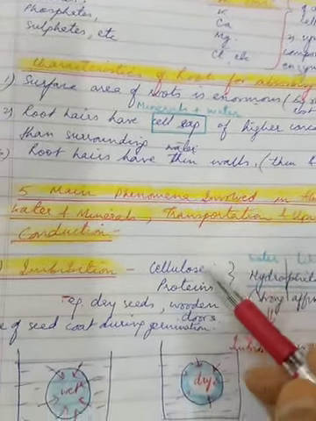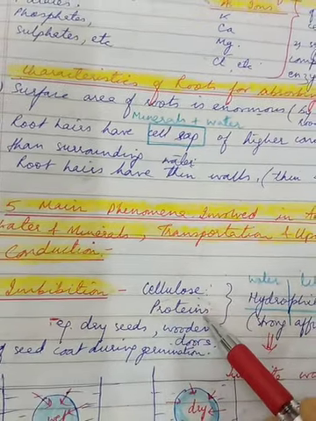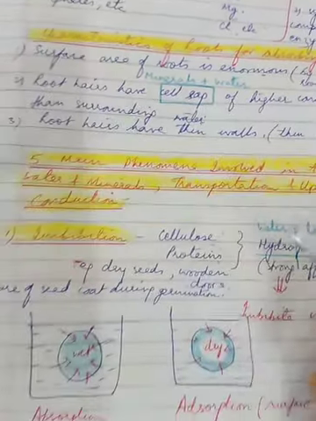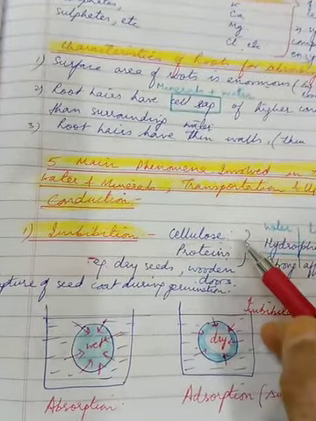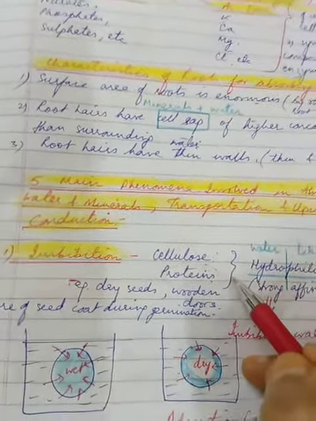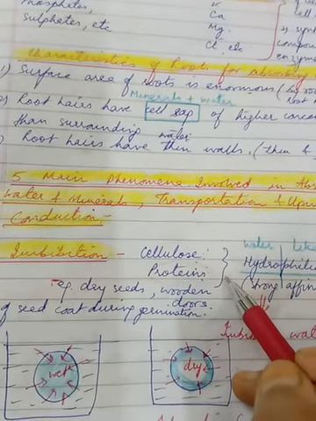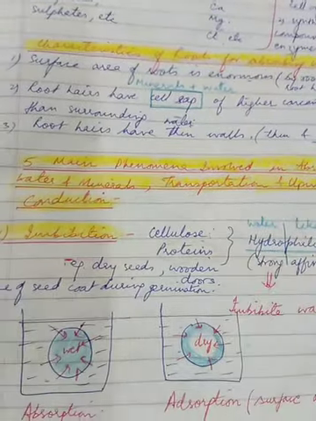Due to this swelling, the seed coat will rupture and germination will begin. In wooden doors, in rainy seasons, we have experienced a problem while closing the wardrobe doors; they don't close properly. It's the same thing, because of imbibition.